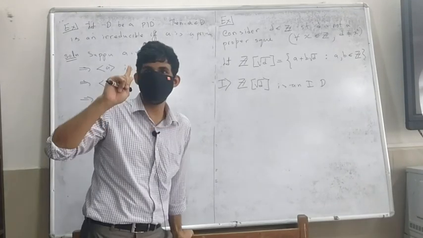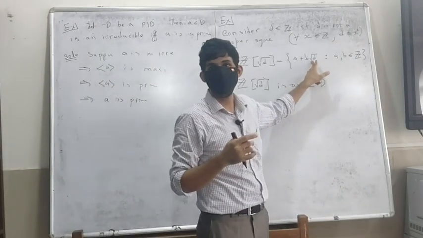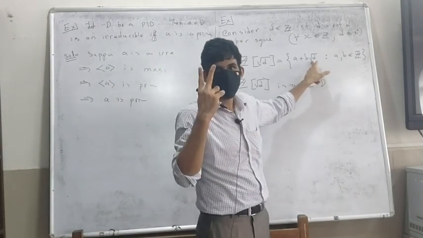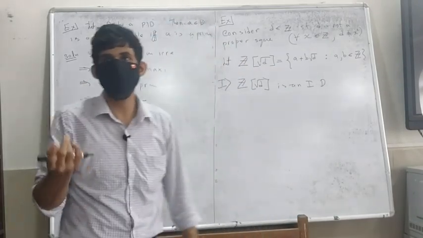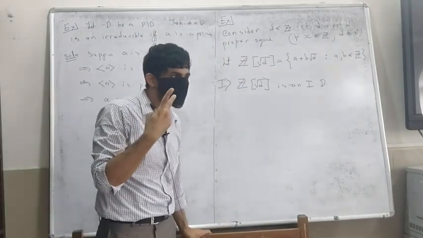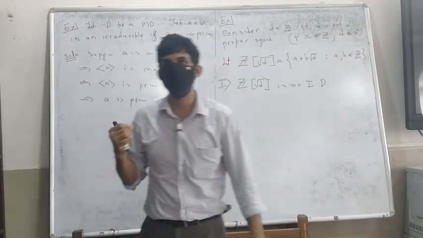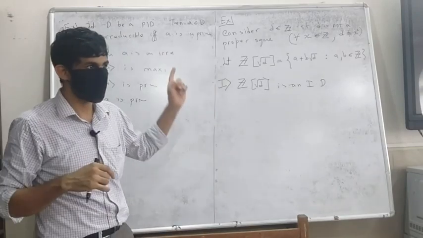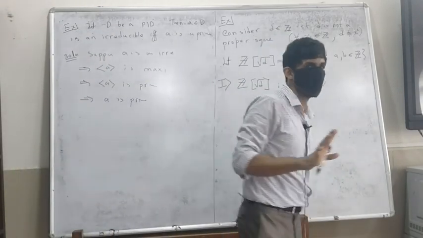You actually need to fix one square root of D. There are two square roots of D, right? In complex numbers, given a complex number, you will have two square roots. You need to fix one. I think any one that you fix will work.